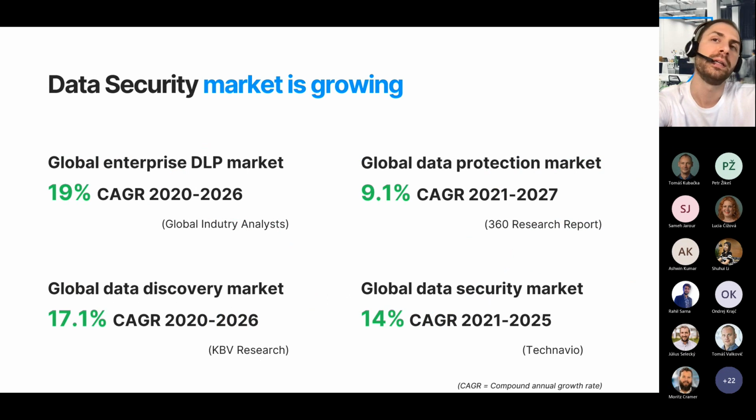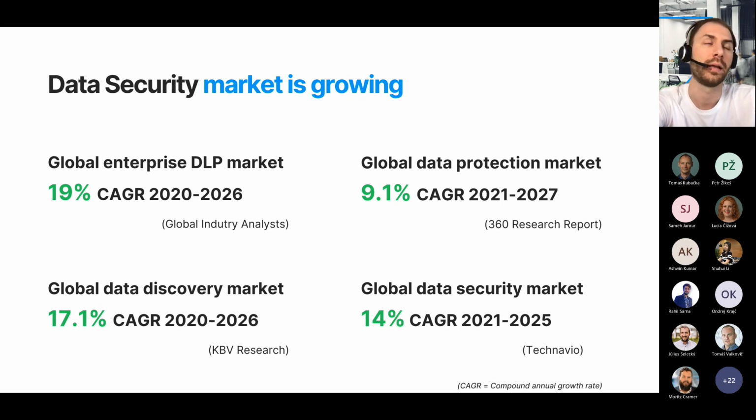With this joint data protection package, we are selling to a market that, according to most analysts, is growing and will grow in double digits in the following years. And as you saw on previous slides, Safetica, together with ESET, but also itself, grows organically even faster.